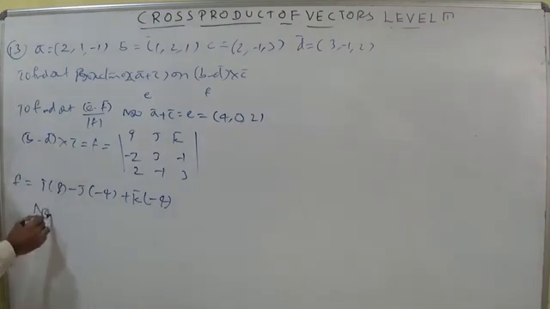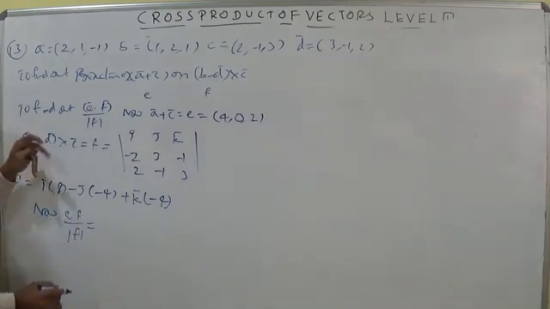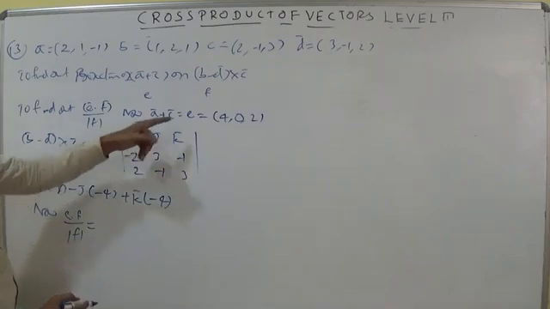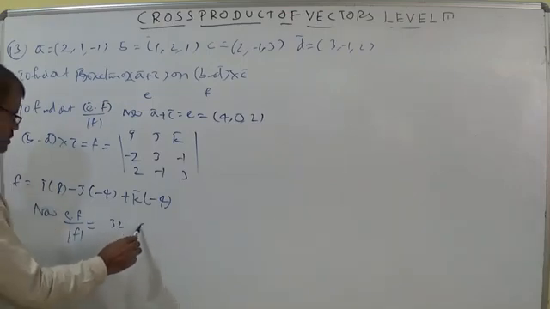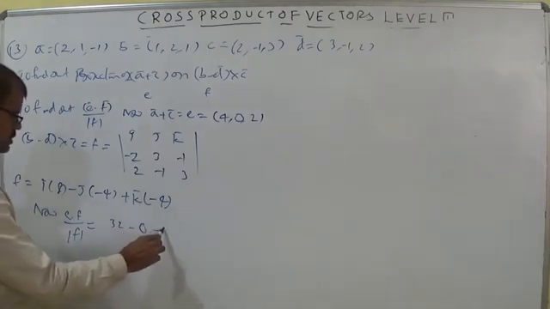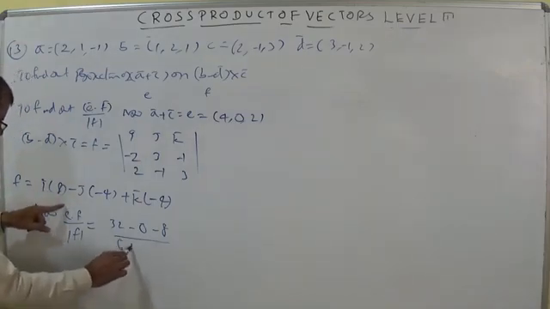Now I am writing E bar dot F bar by modulus of F bar, the projection. What is E bar? 4 into 8 directly I am writing. 4 8s are 32 minus 0 minus 8. 32 minus 8 by modulus, this one 64.